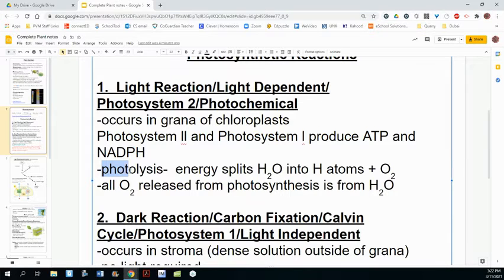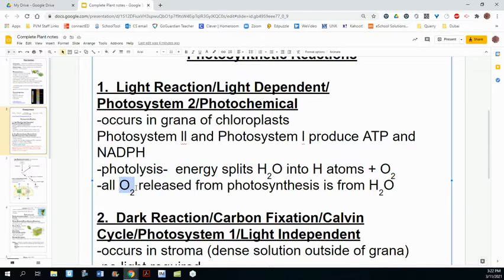During photosystem 2, or the light reaction, this is primarily identified as the phase where photolysis occurs. Photolysis is the breakdown of water. It's splitting water into hydrogen and oxygen.